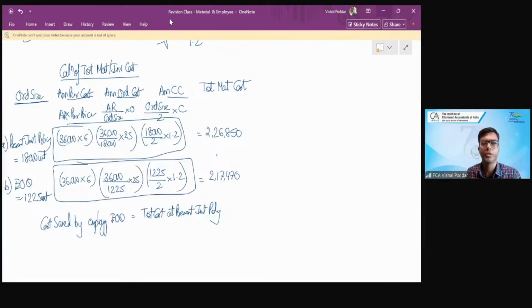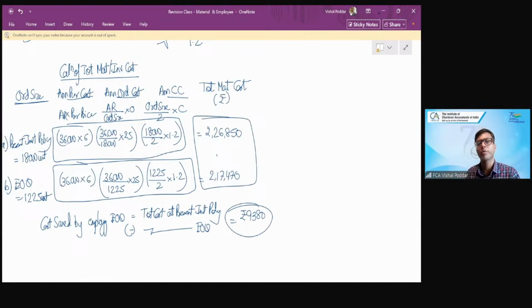When you take the difference of this, you get the cost that you will be saving by adopting EOQ, which is coming to rupees 9380. So this cost is in rupees. Basically the difference of these two figures is your amount saved, money saved, cost saved.